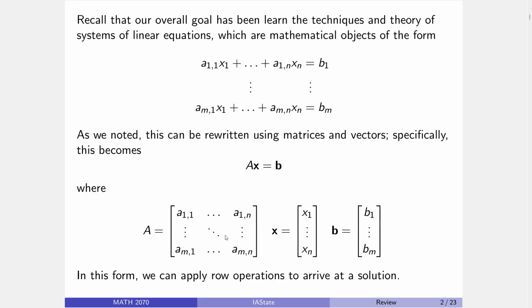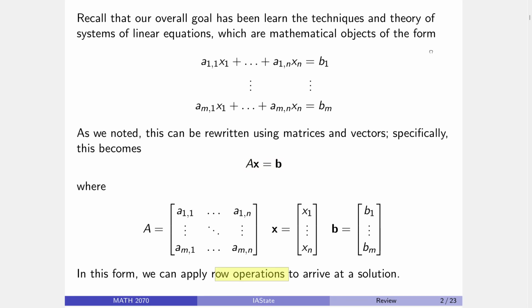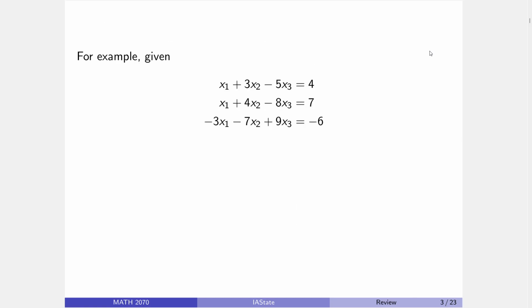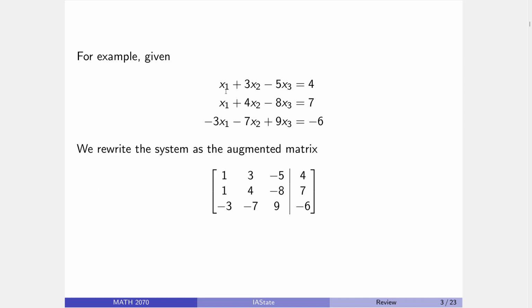And as noted, once you take your system and convert it to this matrix equation, it is then nice and easy to apply row operations to arrive at solutions. So, for example, here I have a system of 3 equations and 3 unknowns. I can isolate the coefficients on the unknowns x1, x2, and x3.